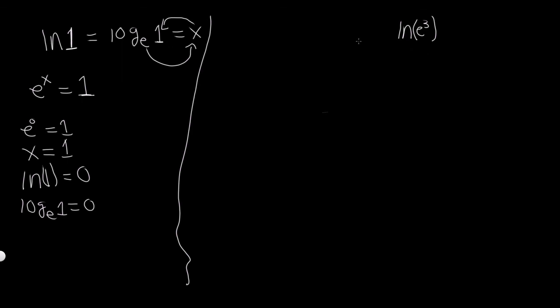We're going to do the same thing with this. Ln of e cubed is the same thing as log base e of e cubed. We're going to rewrite log base e of e cubed in exponential form, starting by setting it equal to x. We write it in exponential form by raising e to the x power and setting it equal to e cubed. So e to the x is equal to e cubed.